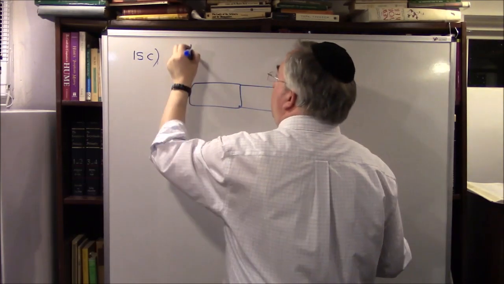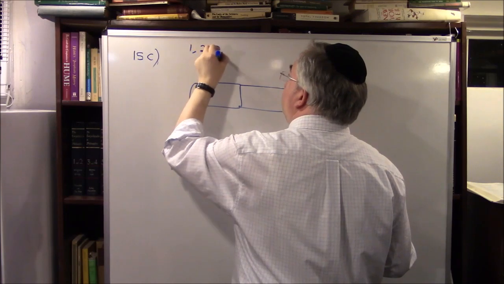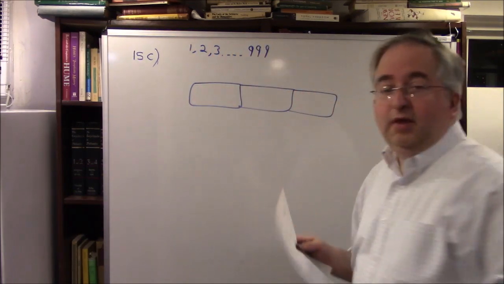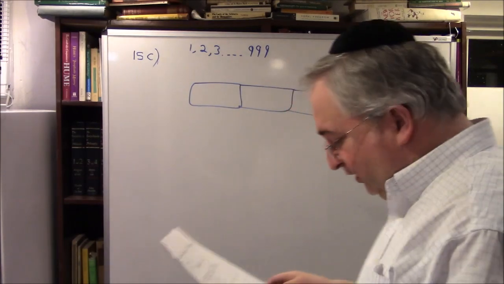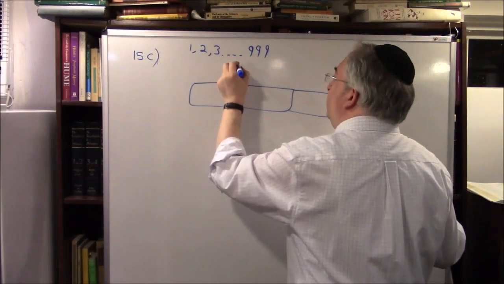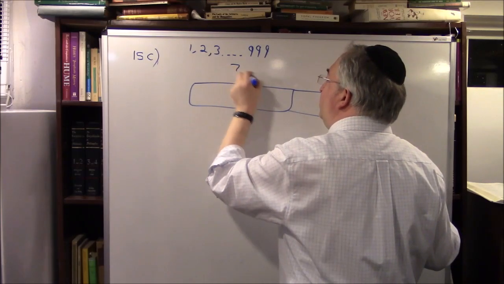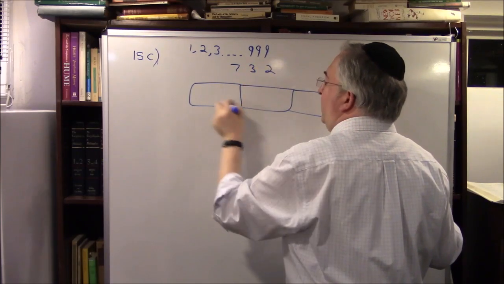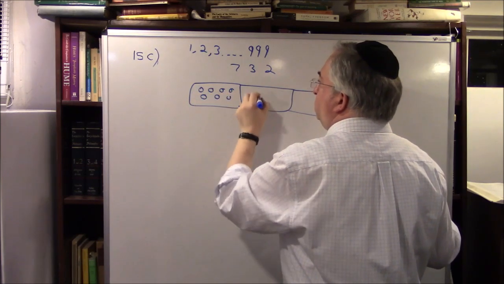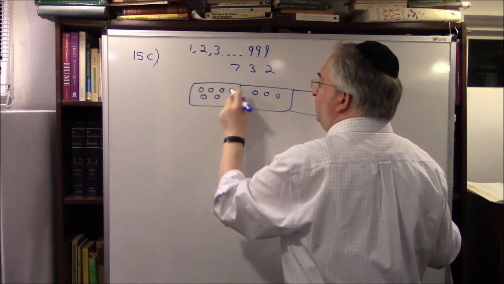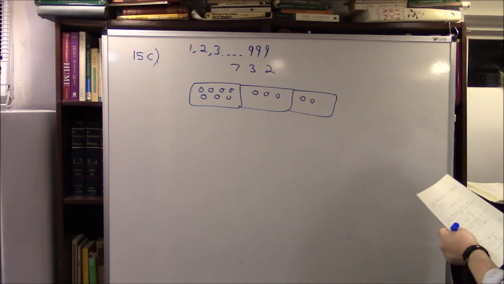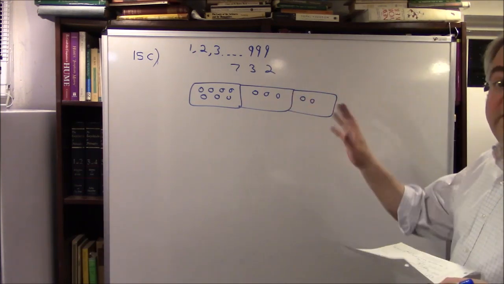All the numbers from 1 to 999, you can write the number 732 as something like this. 7, 3, 2. So think of it that way.